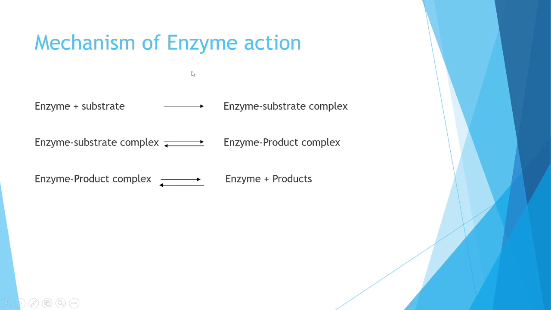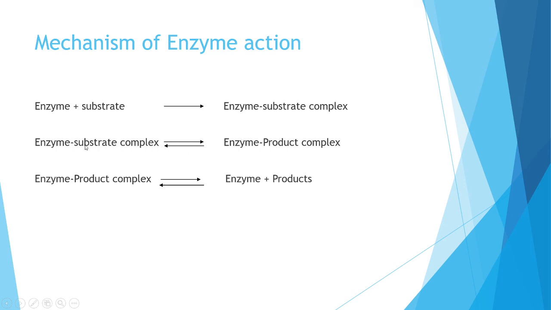And the second step, this enzyme substrate complex. Here we can see a reversible arrow. So this enzyme substrate complex can be changed to an enzyme product complex, and this can also be reversible. The enzyme product complex can again change to the enzyme substrate complex.